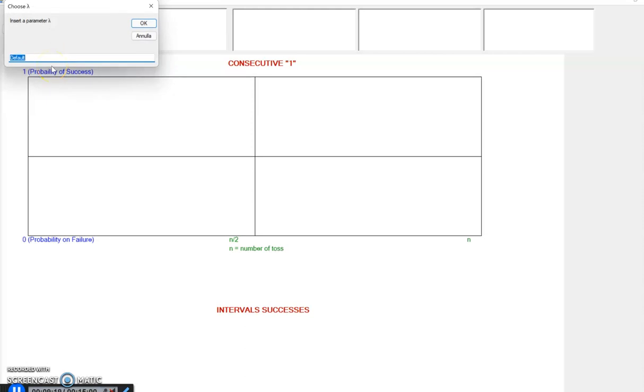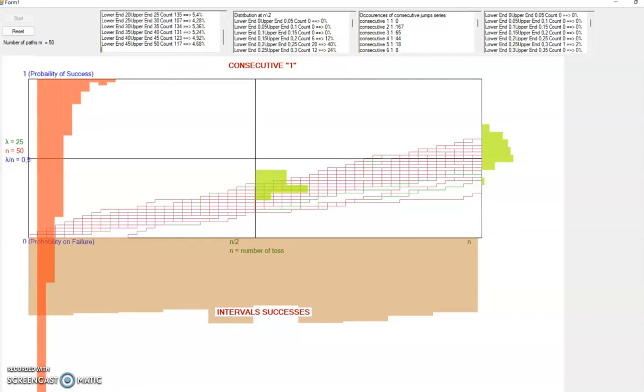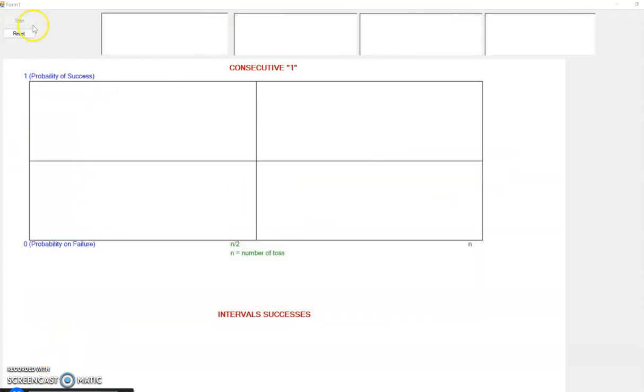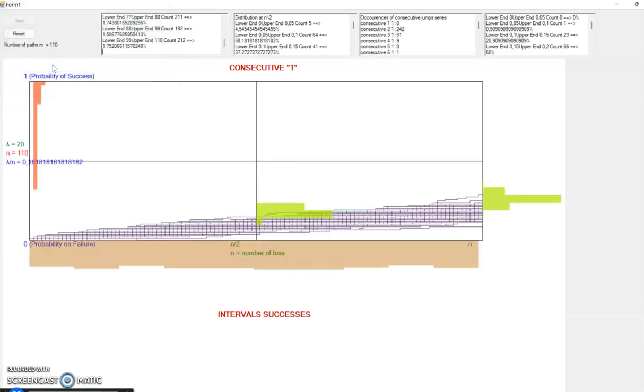For example, by considering half parameter, we can see that our experiment is quite significant, as we expected, and the same is for a huge number of tosses and number of experiments with, for example, a very small lambda.